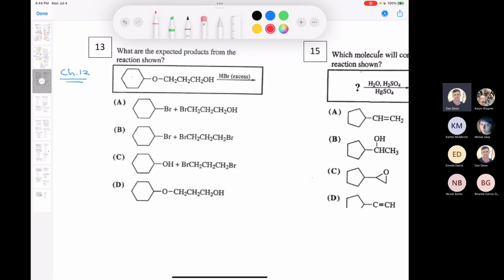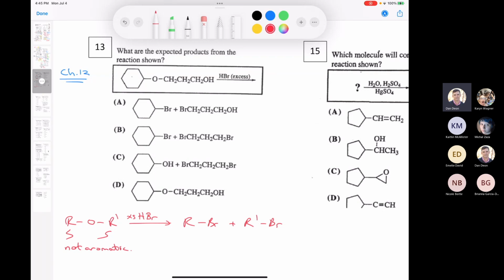So this goes back to this reaction where we looked at R, O, R prime. If you treat that with excess HBr and cook it up, you end up with R, Br and R prime Br, as long as the R groups are not aromatic.